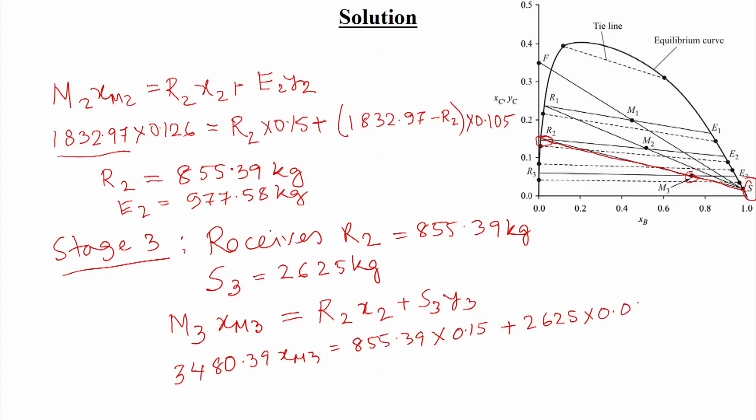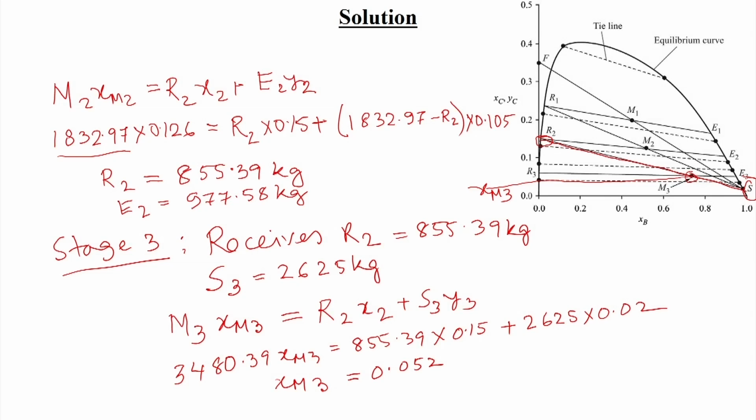So it is 0.02. From here we will get XM3 as 0.052. So whenever we have XM3 like this, that is 0.052.